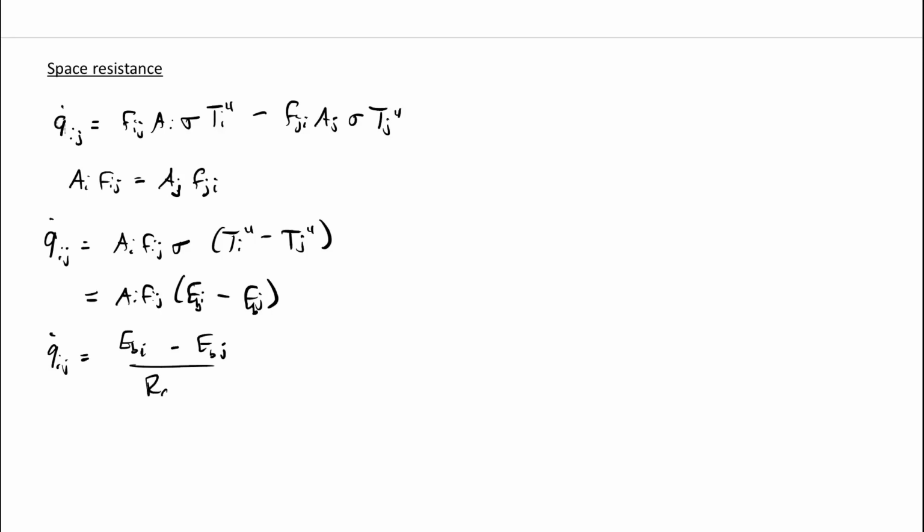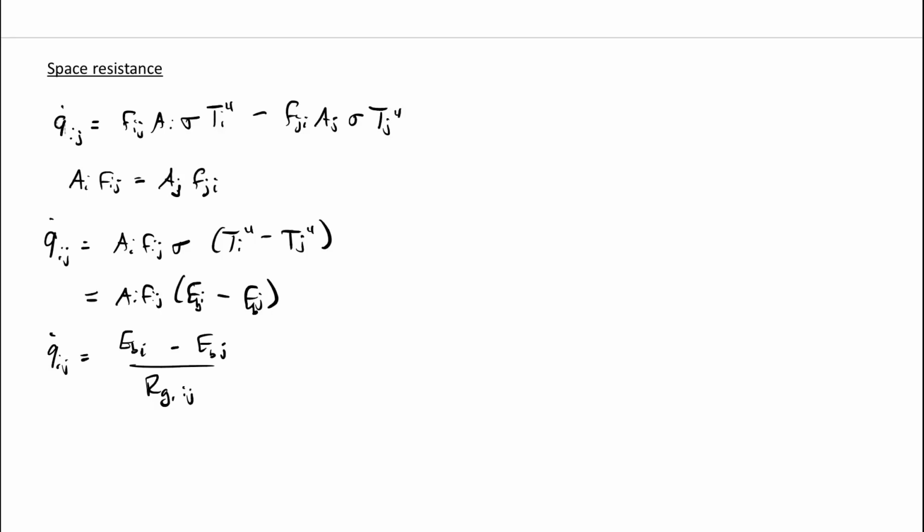The idea is that this resistance is different from the conduction resistance or convection. It has different units. It's a slightly different idea, so it's a geometric resistance instead of a traditional resistance.